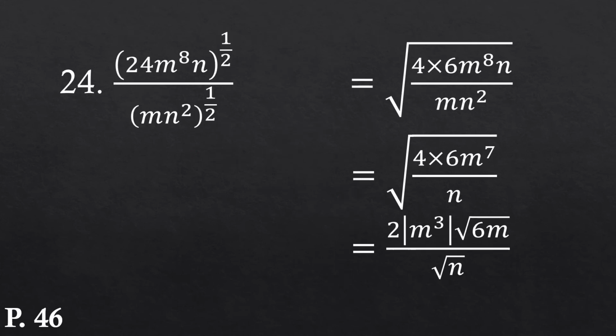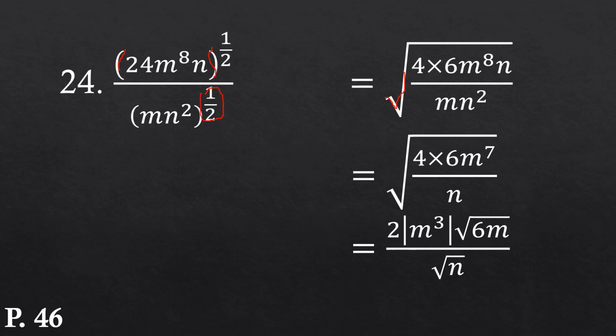The last exercise, exercise 24, we have 24n power 8 and in parenthesis here we have 1/2. Power 1/2 means square root. Okay, the same thing for the denominator.